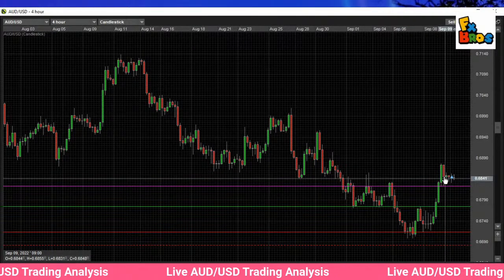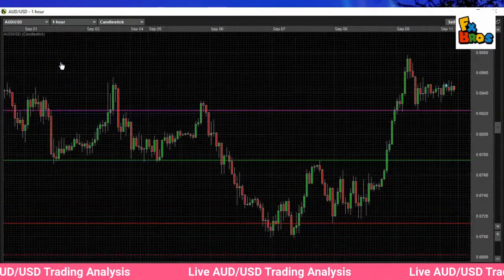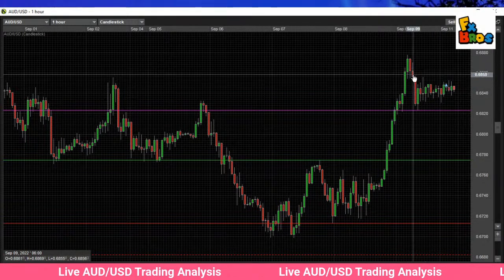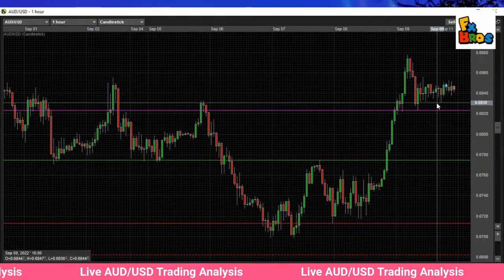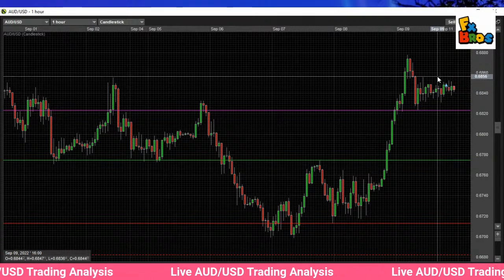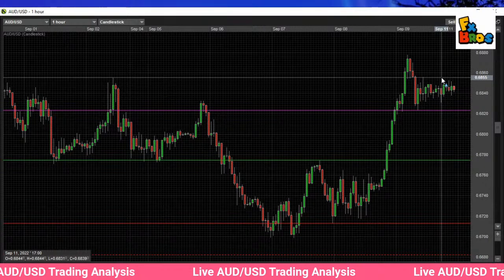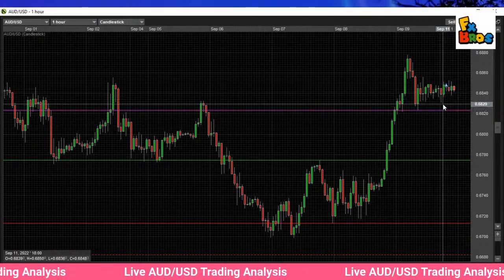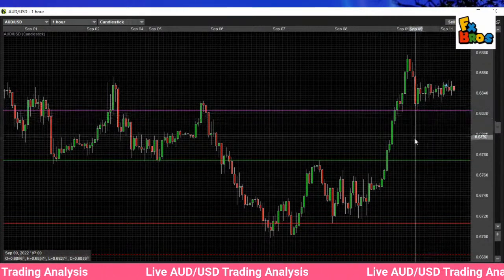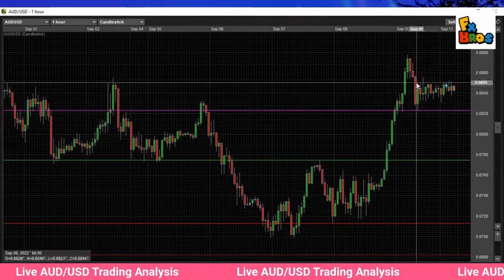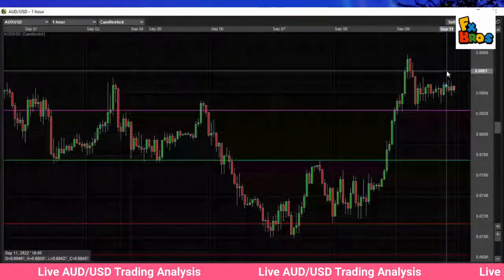Now that we are in some validation, above this and below here, we want to break out and close above 68.55, and then we want to close below 68.25. So that's a 30 pip differential between the two price levels that we need to see broken before we can enter trades.